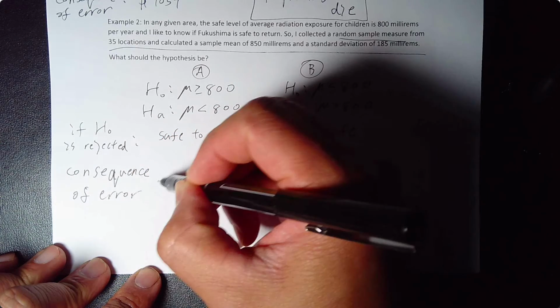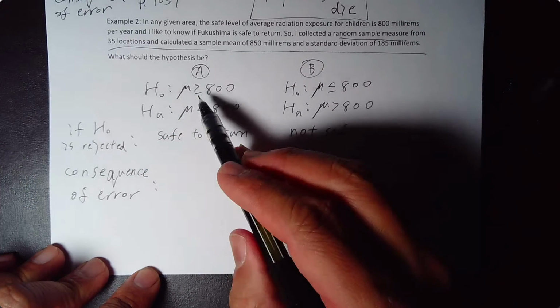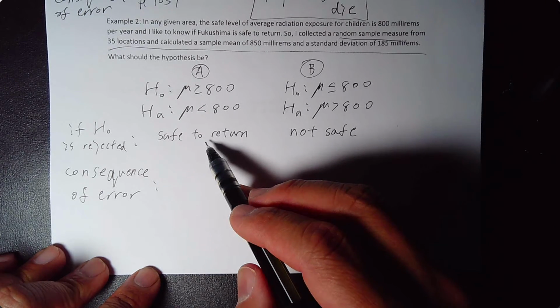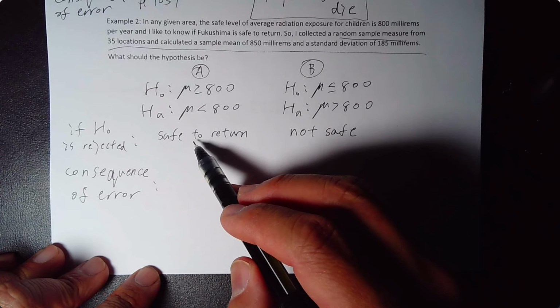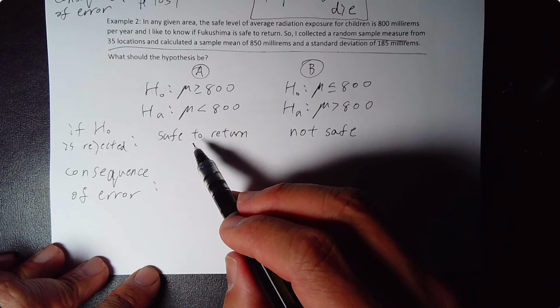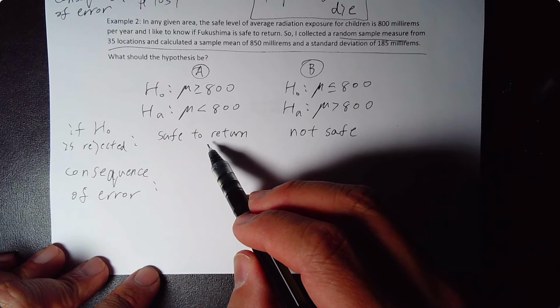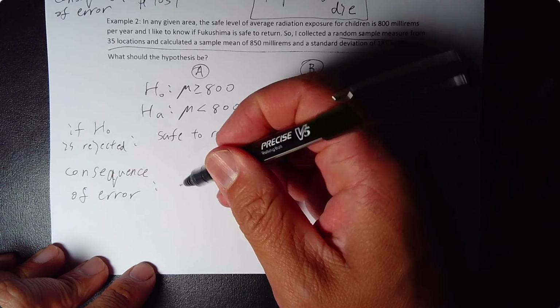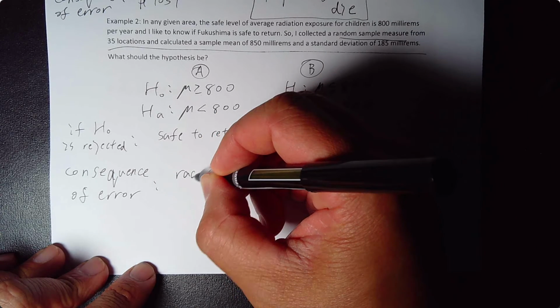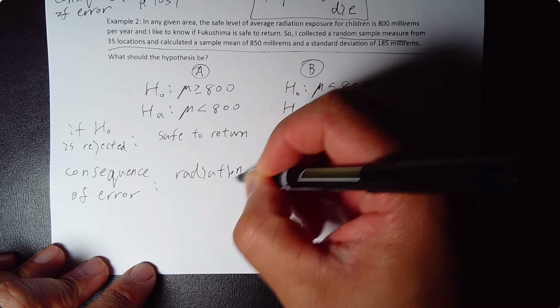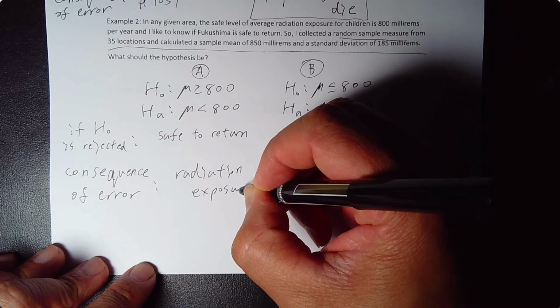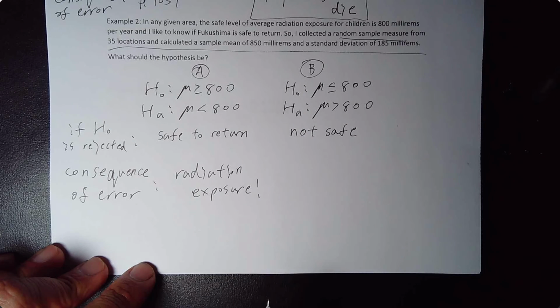If this was a mistake, meaning that it was actually not safe, but we made a mistake and said that it's safe. It is safe to return. What happened? Well, radiation. Kids might get cancer.